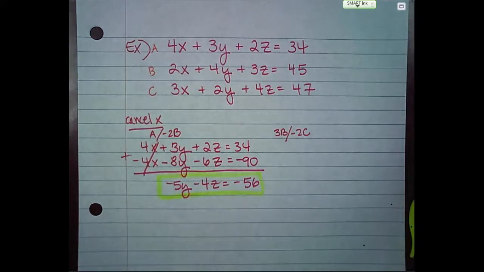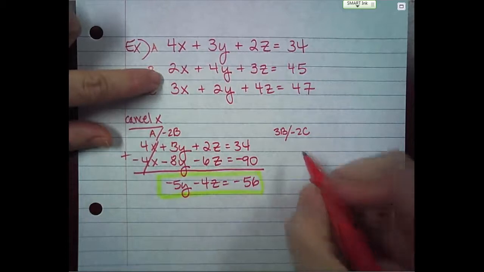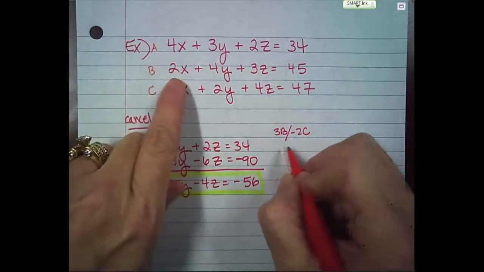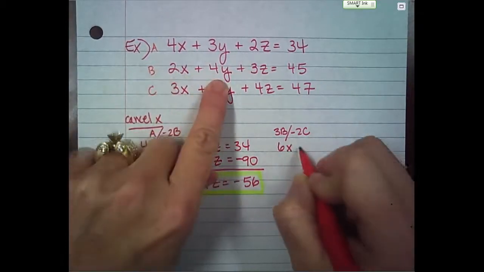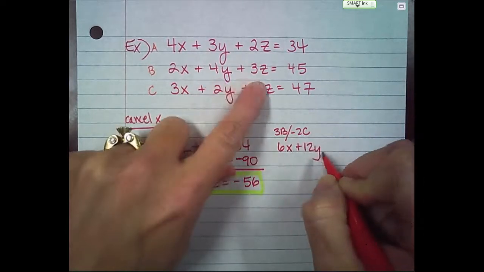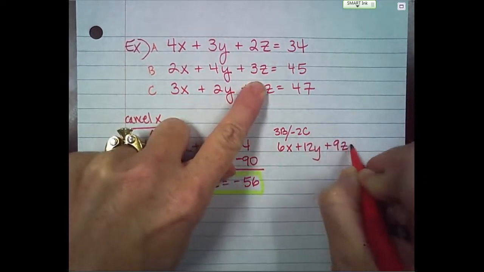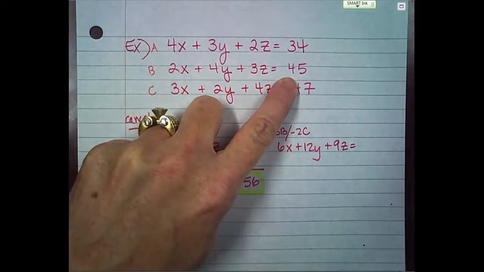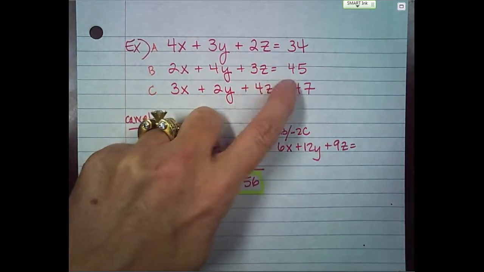If you had booked them, it wouldn't matter. I mean, you're adding them, you're doing the same thing. 3B. I'm going to put my finger here so I don't lose track. 6x plus 12y plus 9z equals... positive 135.